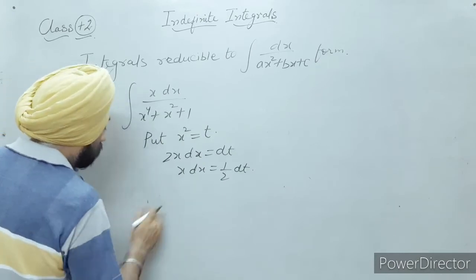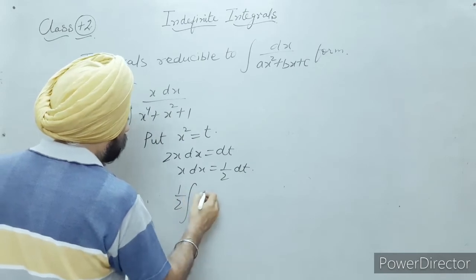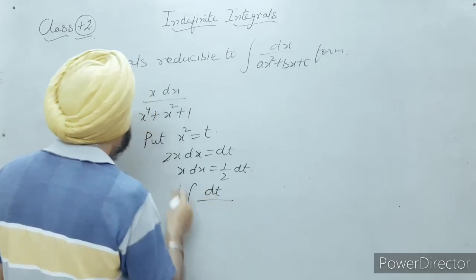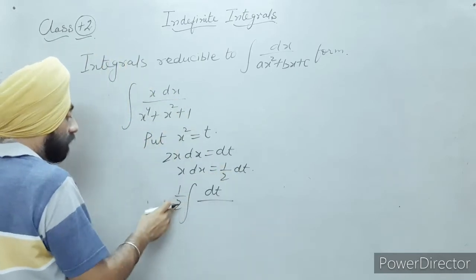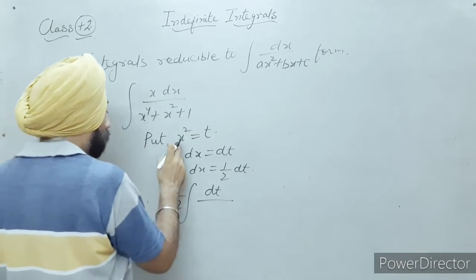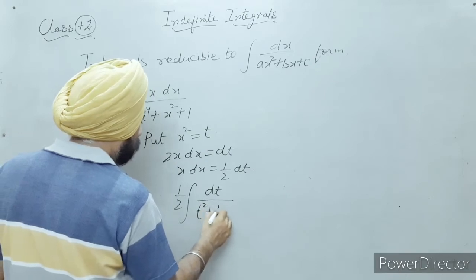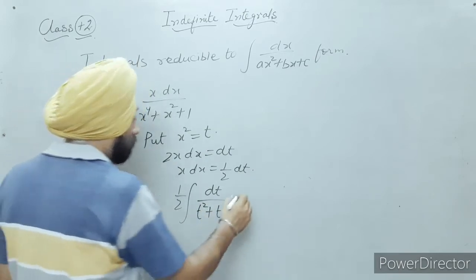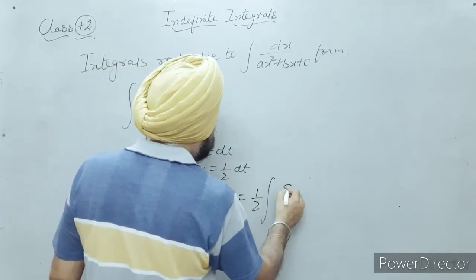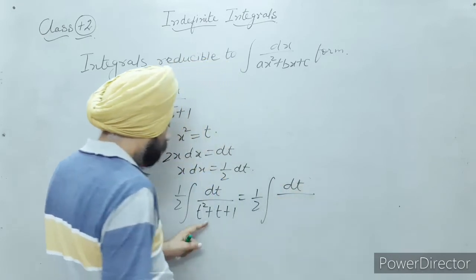Let me write it again. It's half dt upon, because x dx value is half dt, half comes out. Now x square is t, and x to the power 4 becomes t square, so it is t square plus t plus 1. That is equal to half dt upon t square plus t plus 1.